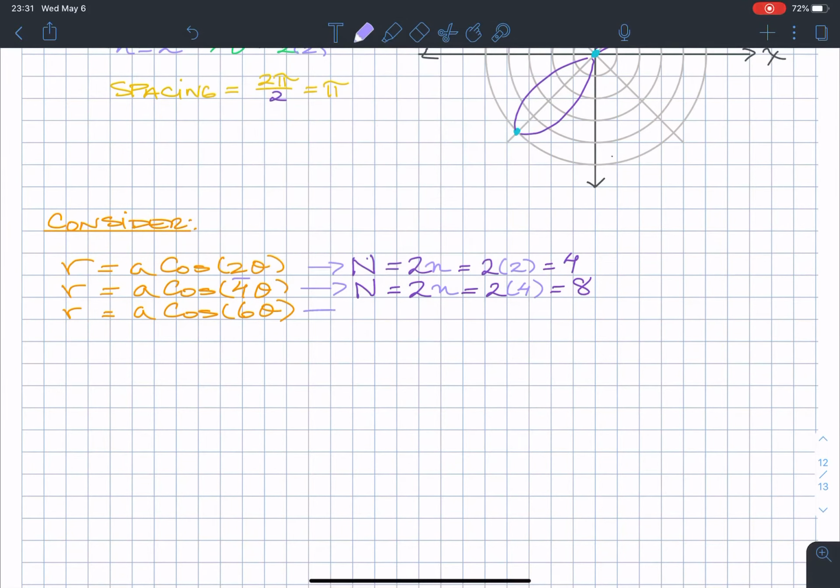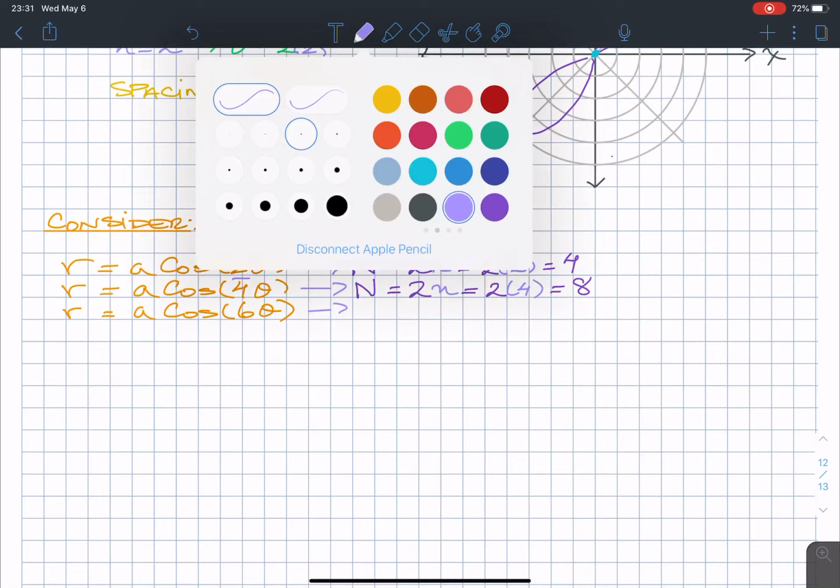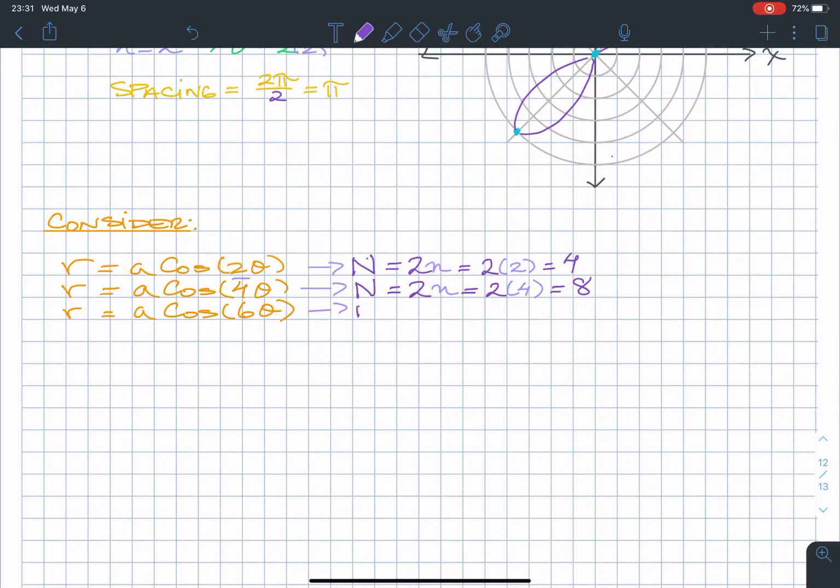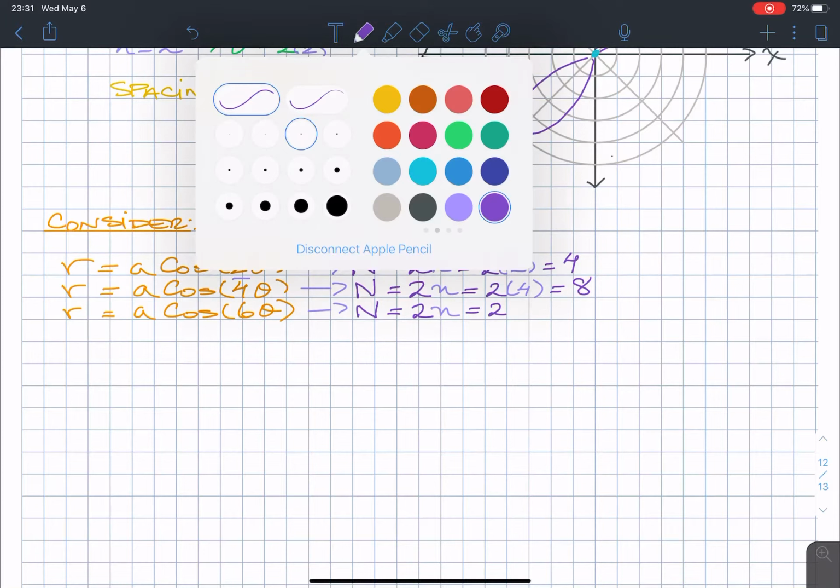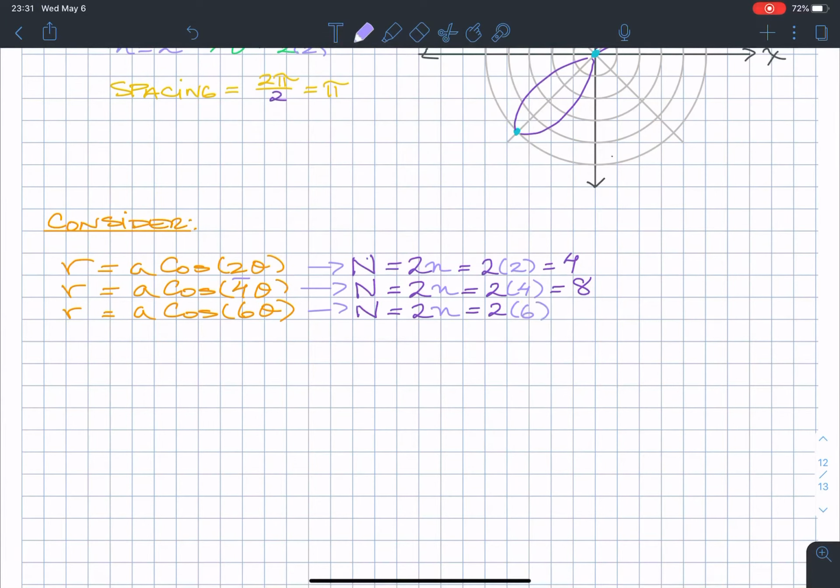Once again, the number of petals will be 2 times little n, so that's 2 times 6, which is 12.